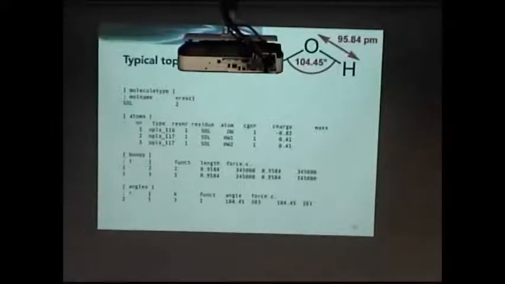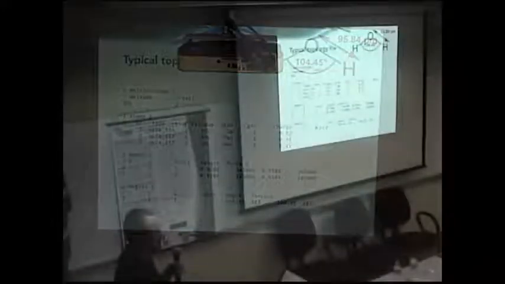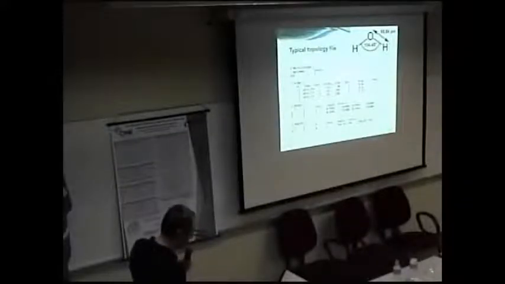For water molecules, you have the name of the molecules. You have Lennard-Jones parameters, bonded and non-bonded parameters. You have charge. You have the distance between atoms. You have the angle between the bonds. You have the force constants, dihedrals, improper dihedrals, and so forth, depending on the complexity of your system.